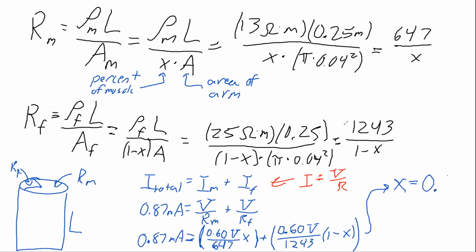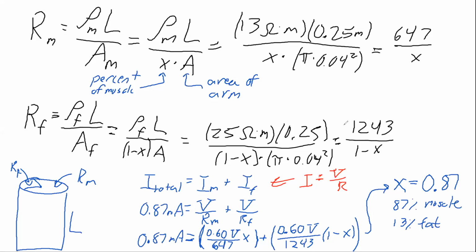I hope that's right. 0.87. So this means this arm is 87% muscle, and that would be 13% fat. All right, working out that equation.